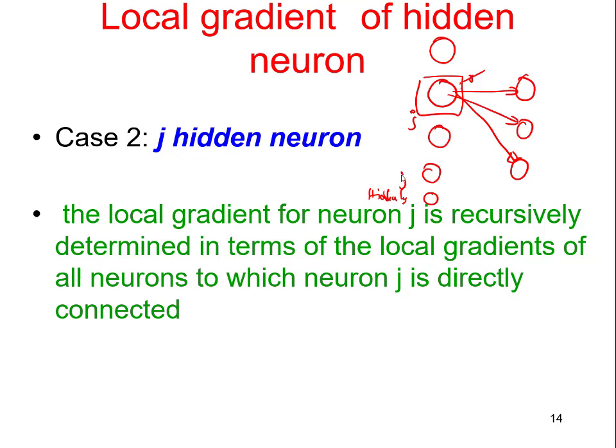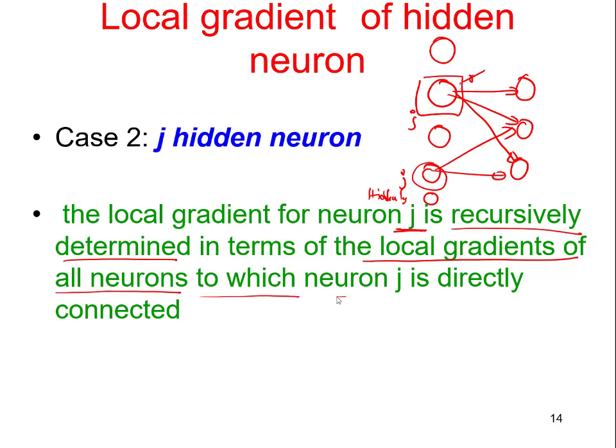If J is directly connected with two nodes, then those two nodes will help us to recursively compute the jth neuron's local gradient. So the local gradient of neuron J, if it is a hidden neuron, is recursively determined in terms of the local gradients of all neurons to which neuron J is directly connected.